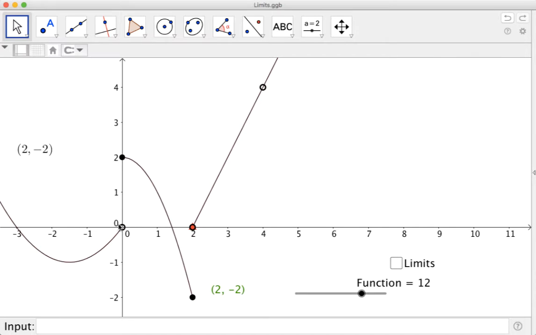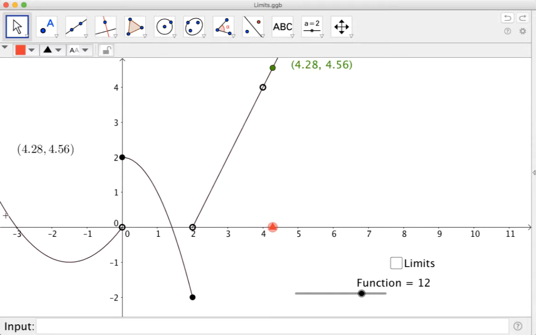So we have this clearly discontinuous function where we have a continuous branch here from negative whatever up to x equal to 0. At x equal to 0, it jumps to a value of 2, and then it follows this curve here down until it reaches a value of x equal to 2, and then it jumps up here to this value at x greater than 2, and it continues upward, but there's a hole here at x equal to 4.